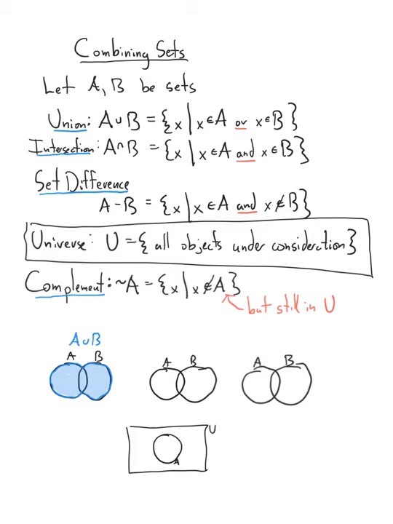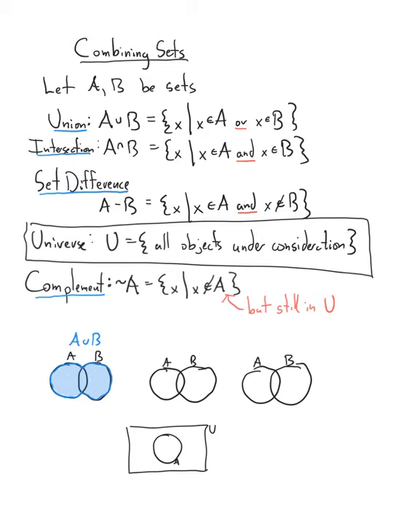So looking at our Venn diagram down here, see if you can identify which area of this Venn diagram would denote being in A and B. And hopefully it's not too hard to see. I'll do this in red.